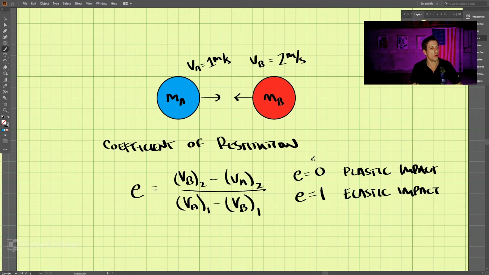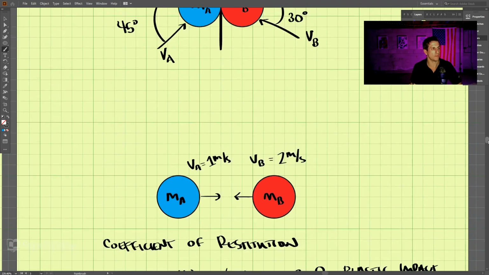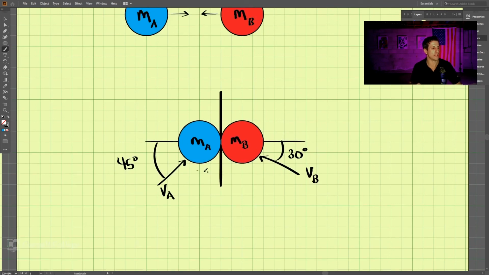Well, we only use this formula along the line of impact. So let's go back up to this example where we have an oblique impact. The line of impact here, if we have our coordinate system as x and y, the coefficient of restitution will be used along this x-axis because that is the line of impact.